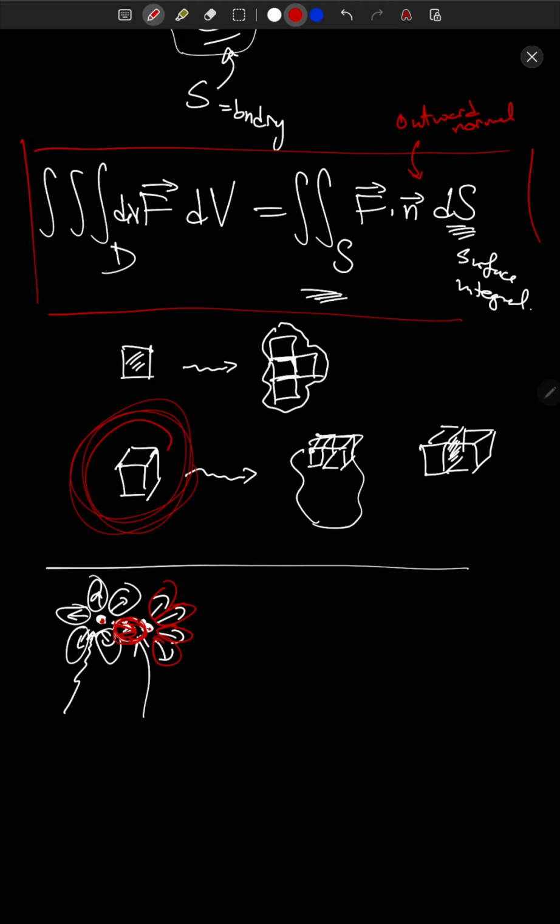But I think this is a good way to think of it because it reinforces the idea that the divergence is an infinitesimal version of the flux. It's how much stuff is flowing in or out of a point as opposed to how much stuff is flowing in or out or across a surface, all right?